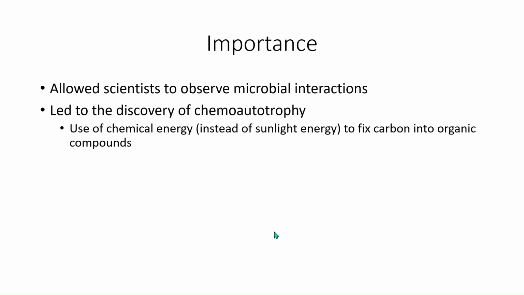So, where sunlight might not be present, these organisms can fix their own carbon or harvest energy from chemicals in order to feed themselves or fix their own carbon into organic compounds. So, instead of photoautotrophy, this was named chemoautotrophy. And this is what Winogradsky discovered through his study of these columns.